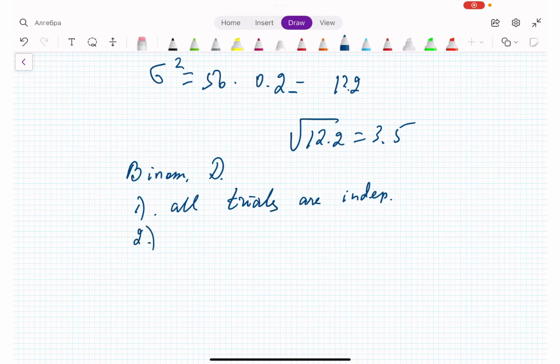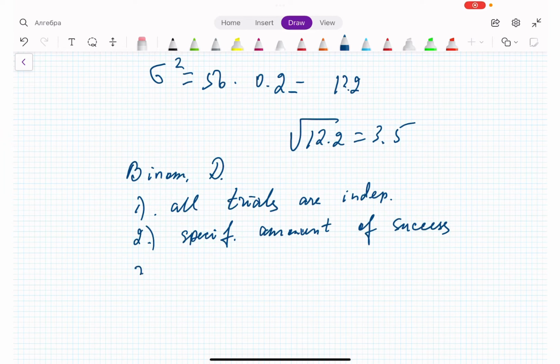We have to have a specific amount of successes. What do I mean by that? Let's say I went to the beach to see dolphins. If I say I saw more or less than 5 dolphins, that's not a specific amount. It has to be, I saw 4 dolphins, that's a specific amount.